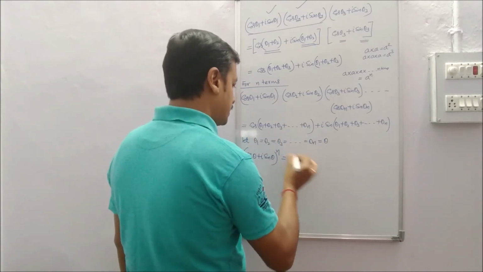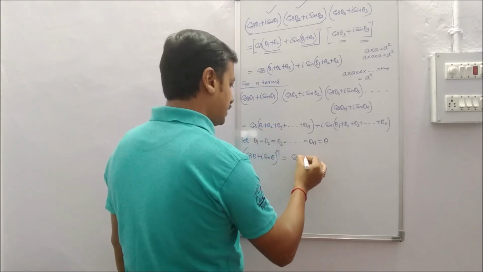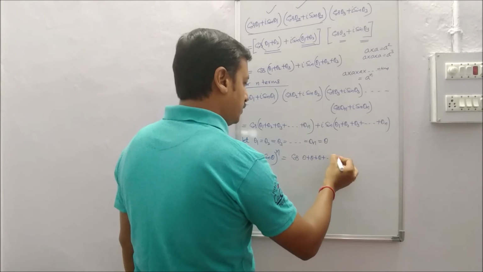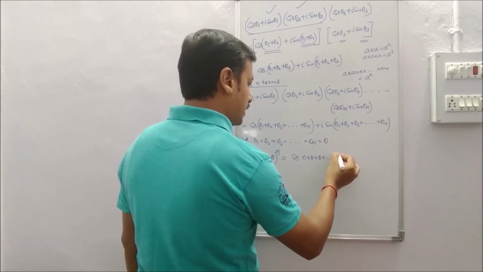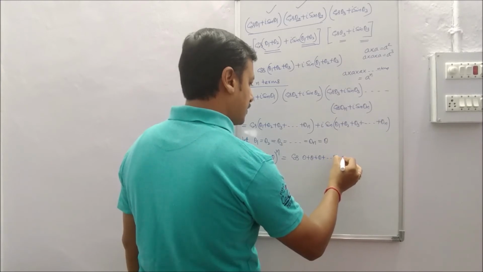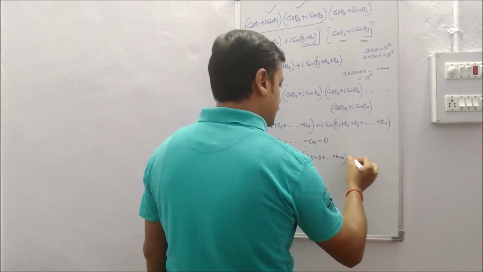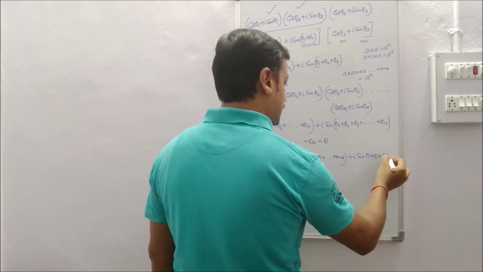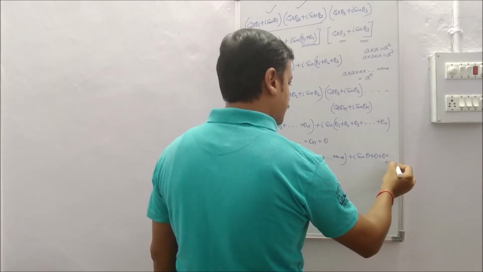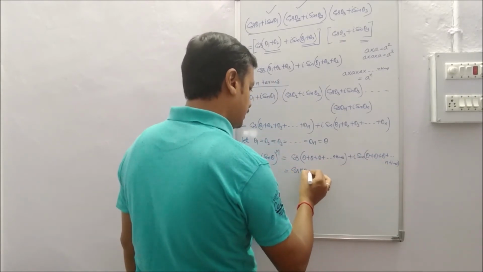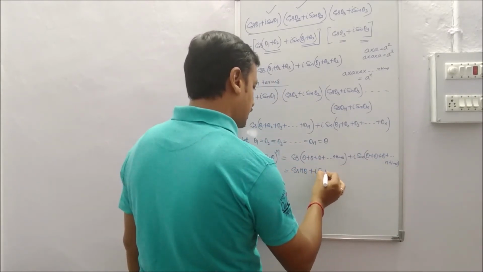Here cos of theta plus theta plus theta, n times, plus I sin of theta plus theta plus theta, n times, so it is cos n theta plus I sin n theta.